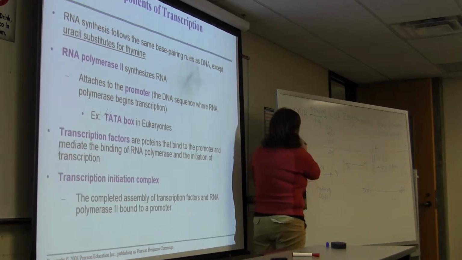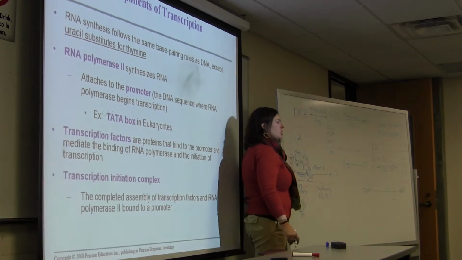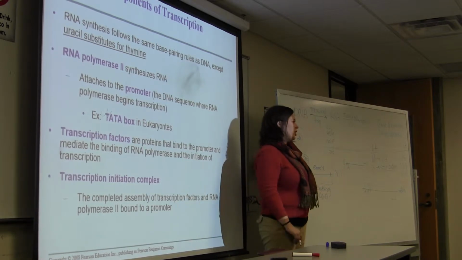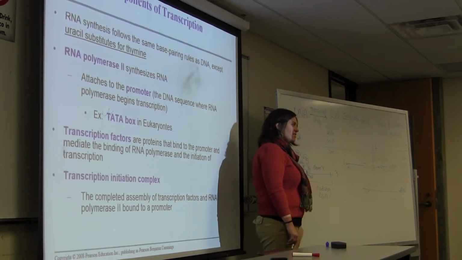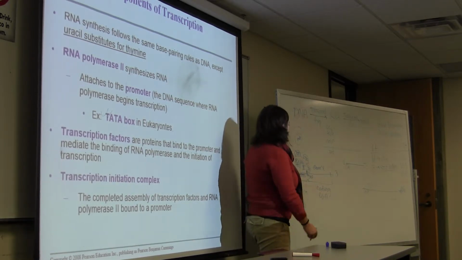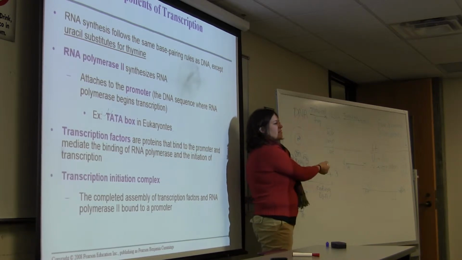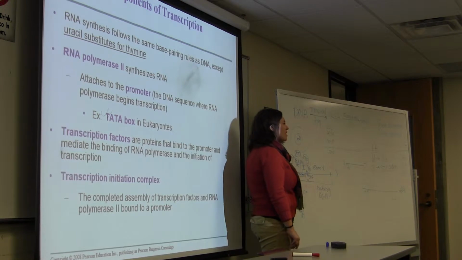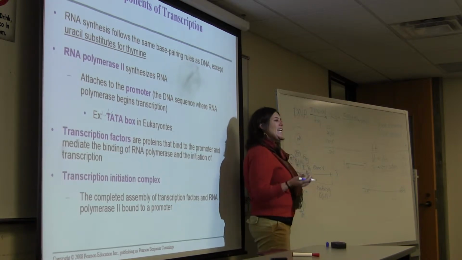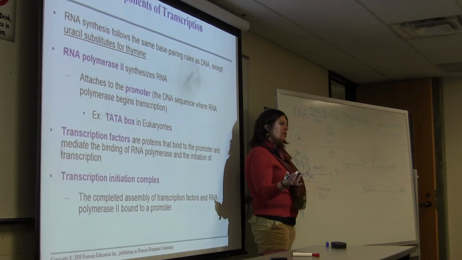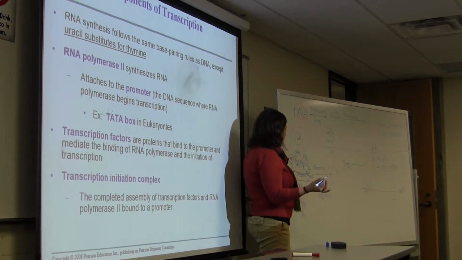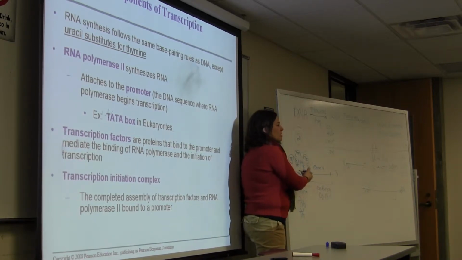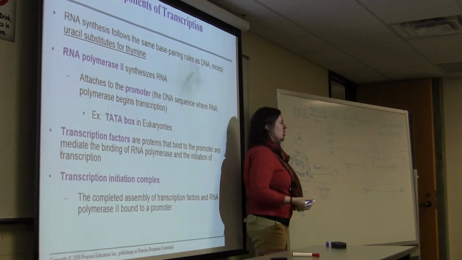And so this whole complex of proteins that associates on the promoter, we call that a transcription initiation complex. It's a complex because it's got multiple proteins in it. It's called the transcription initiation complex because at the very beginning, at the initiation of transcription, you have this complex of proteins.